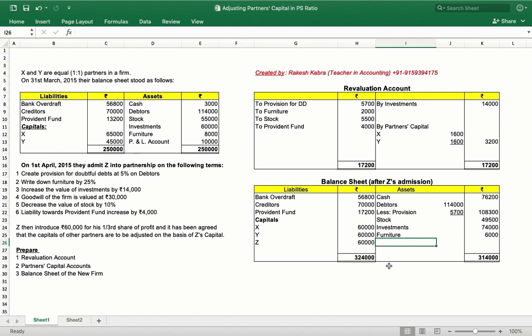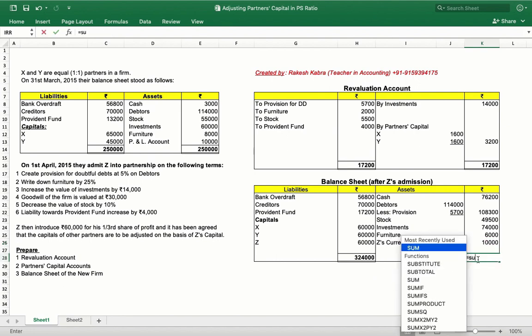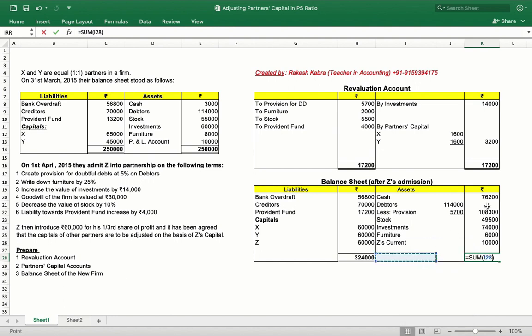We missed Z's current account, as he didn't bring the money, rupees 10,000, which he is supposed to bring. So that 10,000 we will show here. Now let's see the total again. Finally we got the total which is equal to the liability side, 3,24,000.